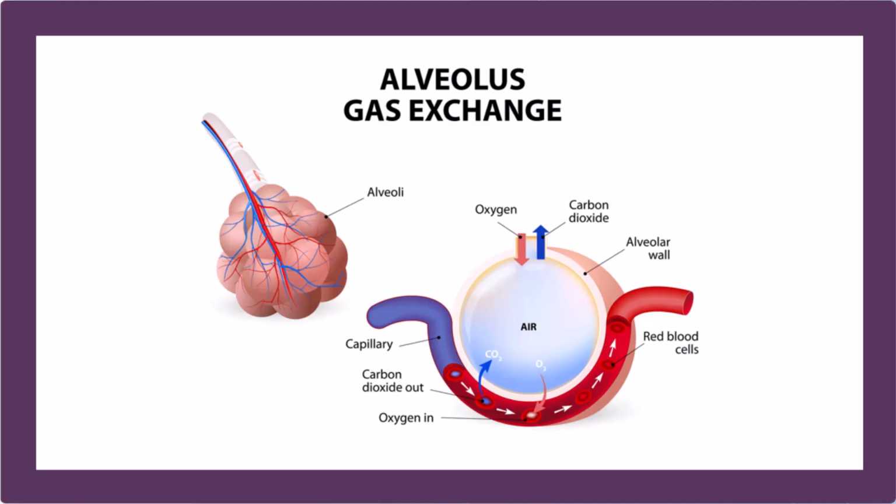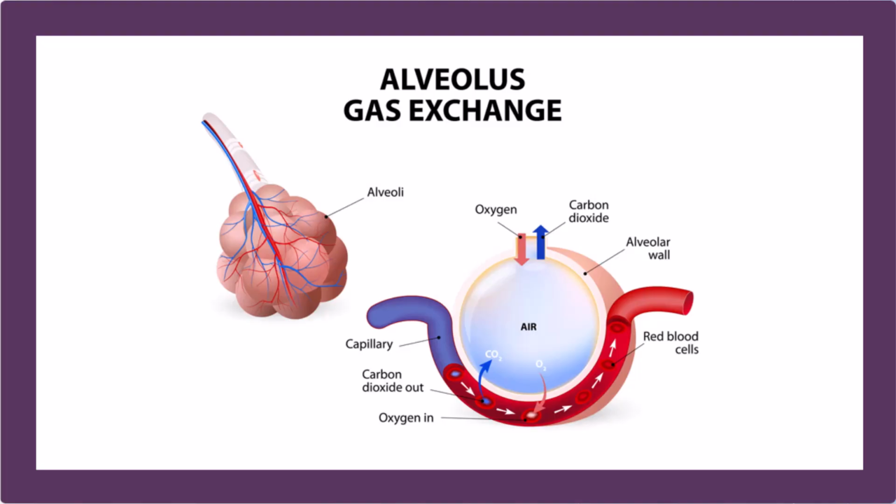Once air reaches the alveoli, the next critical step occurs: gas exchange. Ventilation simply moves air in and out, but respiration is a process where oxygen and carbon dioxide actually move between the lungs, the blood, and the tissues. In the lungs, this process is called external respiration.